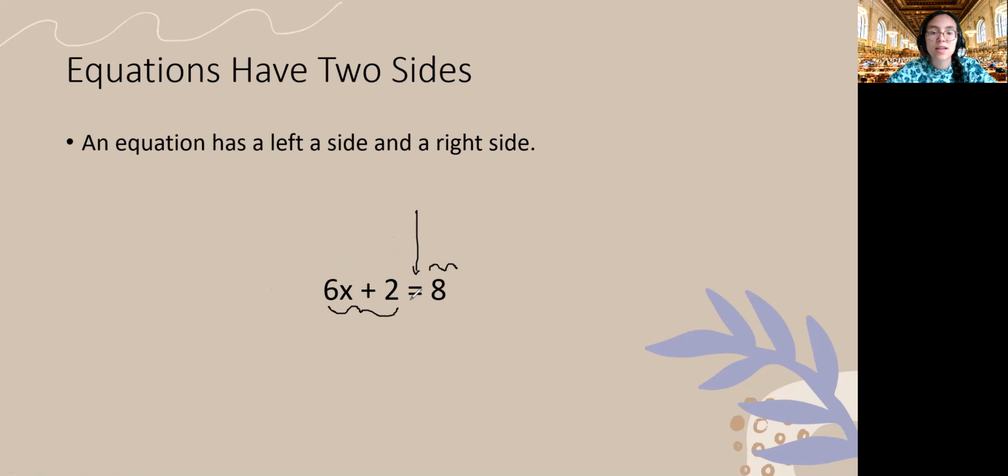This equality sign is separating this expression, 6x plus 2, from this expression, which is 8. Let's go ahead and move on.